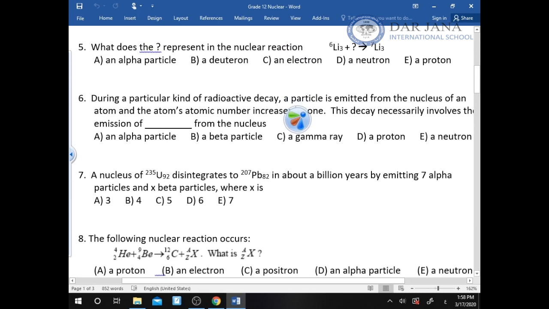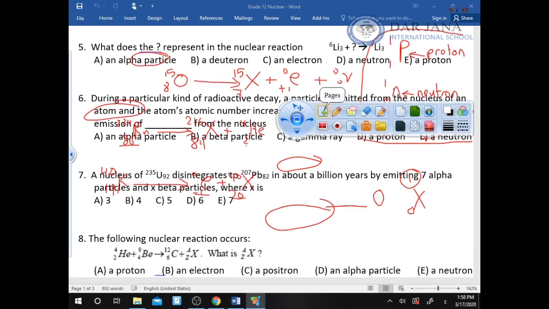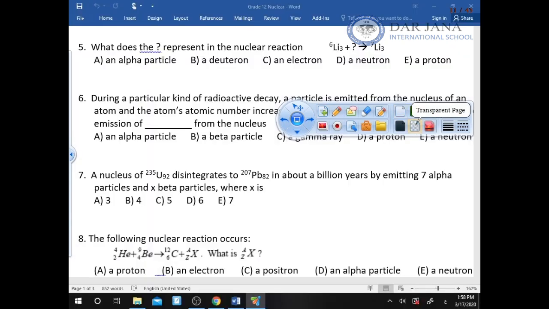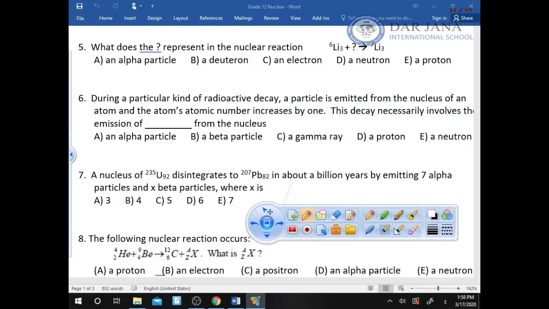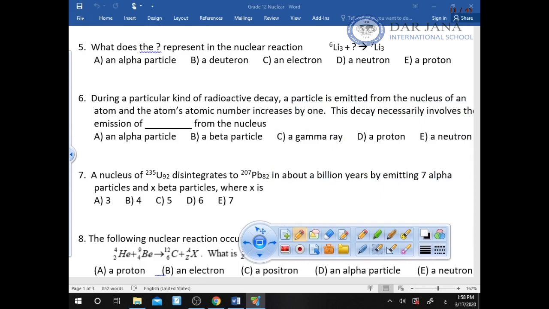So we have a lot of examples here. What does the question mark represent here? We have 7 here. Here we have 1. 6 plus 1 is 7. 1 and 0, it's also a neutron. And 0, 1.